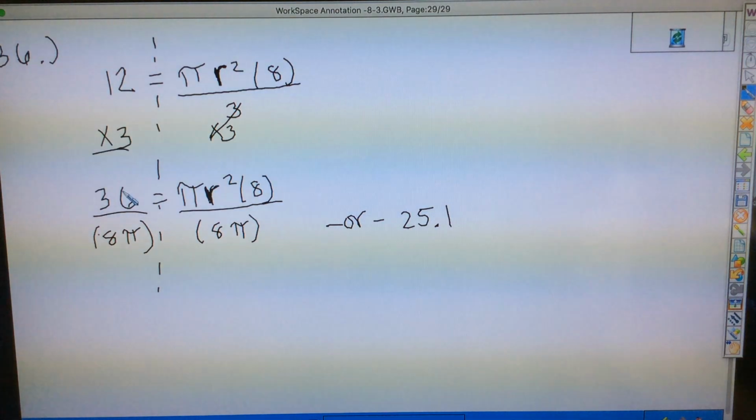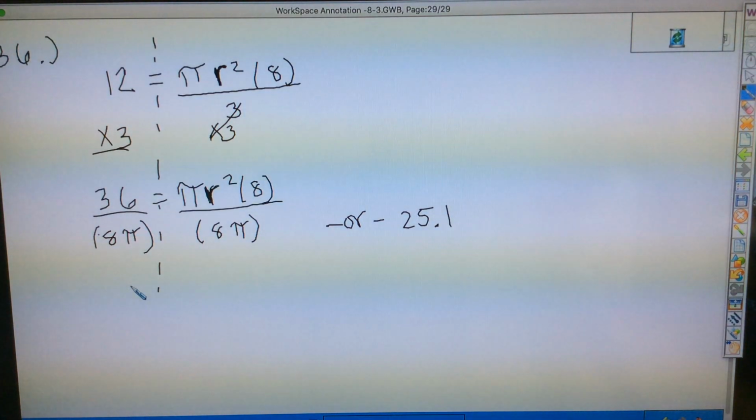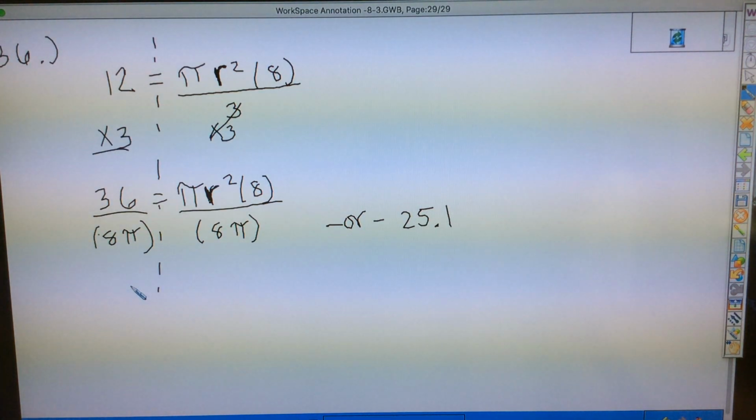Okay, either way, you're 36 divided by 8 pi or 36 divided by about 25.1, you'll get something pretty similar. Okay, 36 divided by parentheses 8 pi, close parentheses, is 1.4.